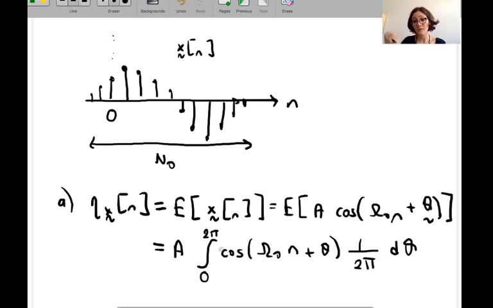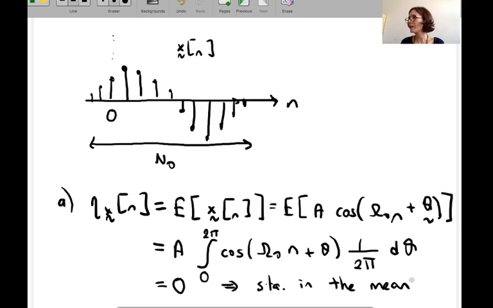The period of cosine theta is 2 pi, integrating over one period, so this integral will come out as 0, and then the expectation is equal to 0. So we have thus verified that this process is stationary in the mean. Why? The mean function does not have any dependence on n. It's a constant function, so we conclude that this process is stationary in the mean.